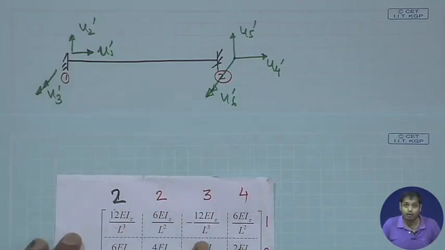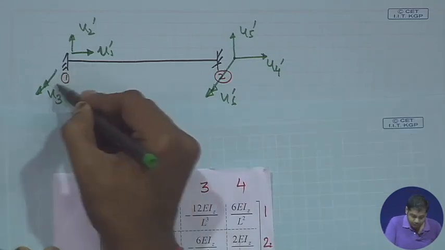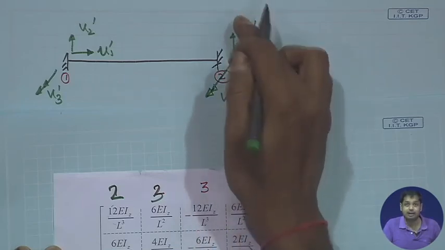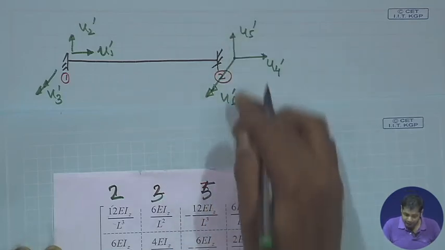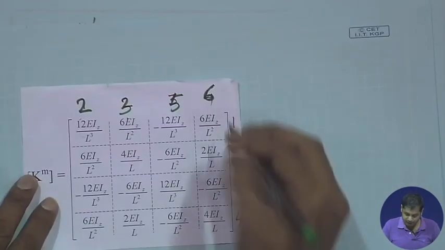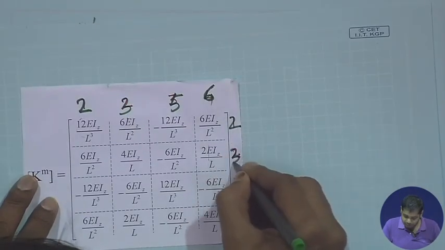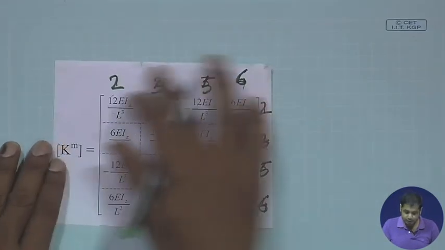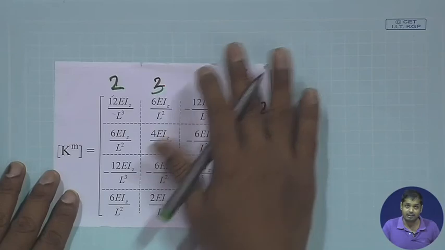See, now we are talking about if we consider axial deformation, and this is for rotation, which is now 3, and this is for again translation at this point, which is now 5, and this is rotation at this point, which is now 6. Okay. And similarly, this becomes 2, 3, 5 and 6. Okay. So, this is when we consider axial deformation.